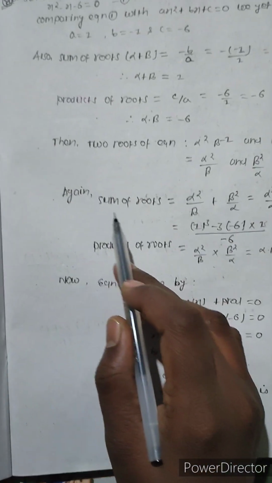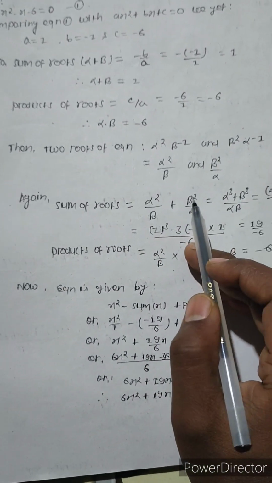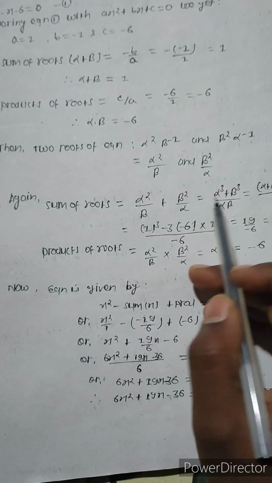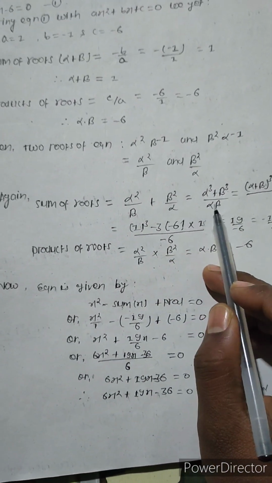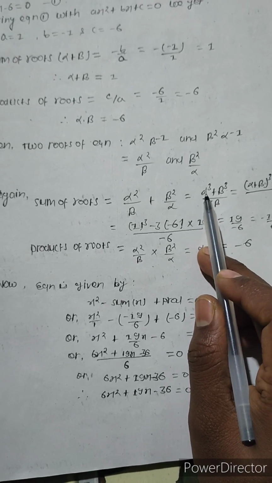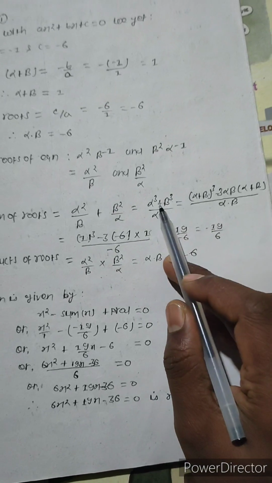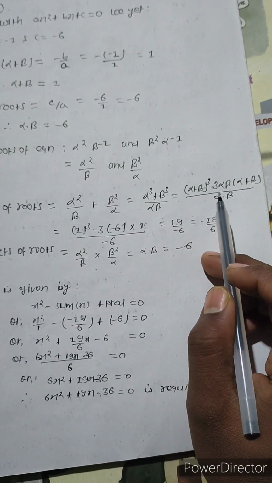Again, the sum of the roots: one root is this and the next root is this, so we add them. We get alpha cube plus beta cube by alpha into beta. We know the formula of a cube plus b cube, so put it here.